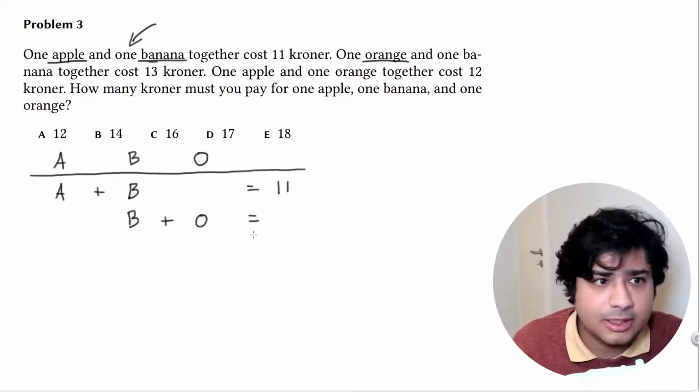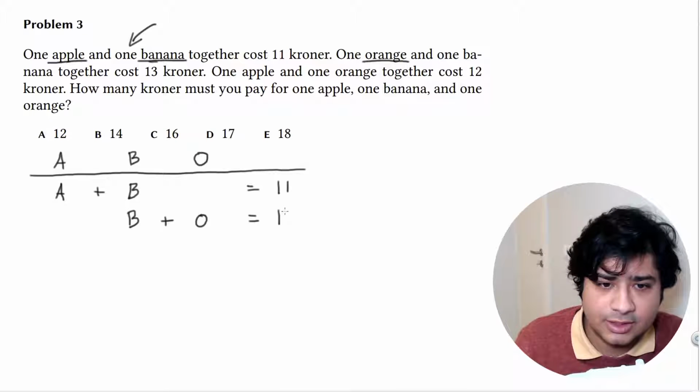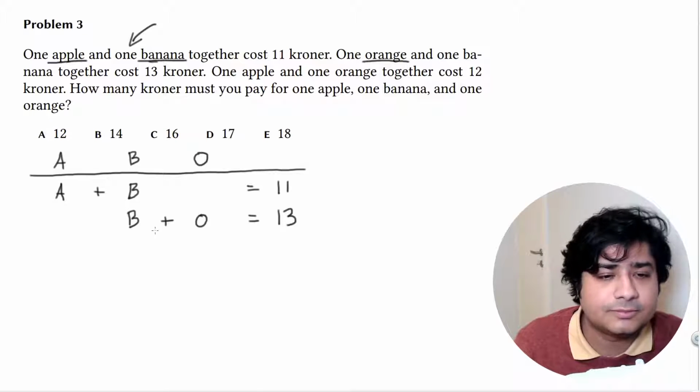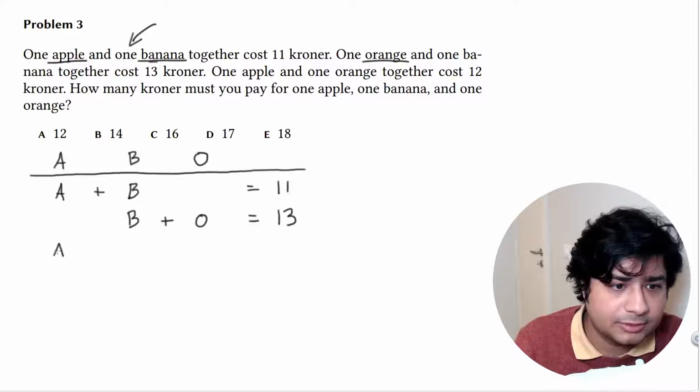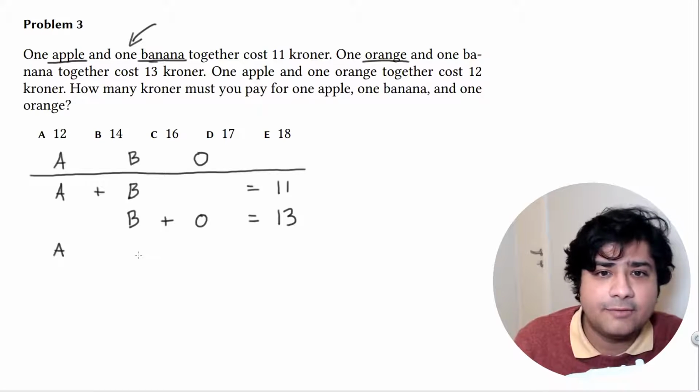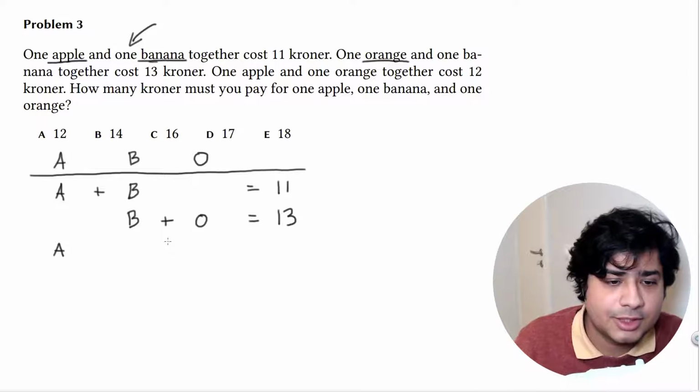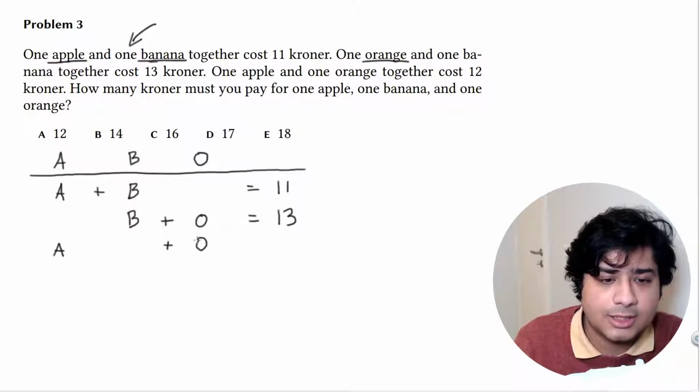That costs how much? 13. And then at the end we have one apple and then one orange, which costs 12.